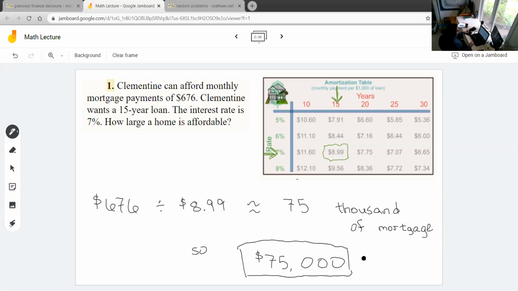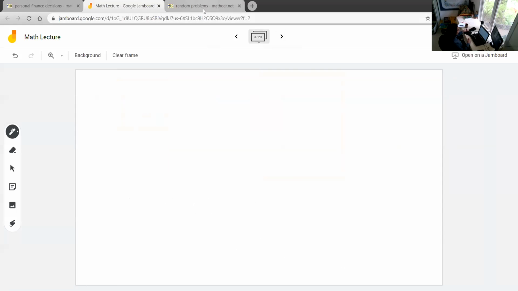So she needs to start just by looking around, find a $75,000 house. Everyone okay with step one? Yes, I see a thumbs up. Okay, thumbs up are good. They let me know I can keep going.